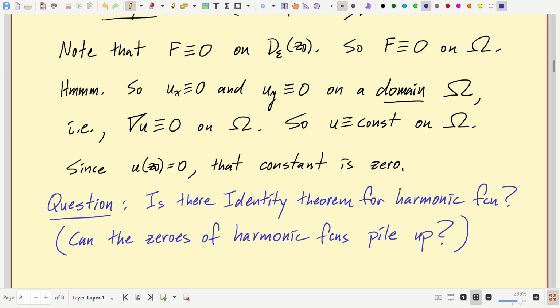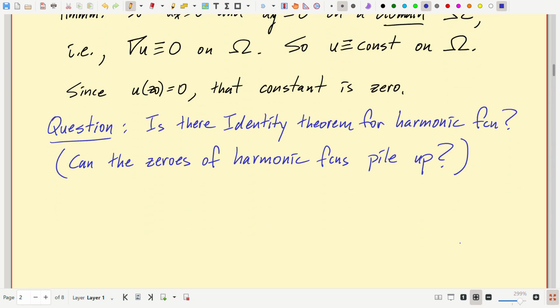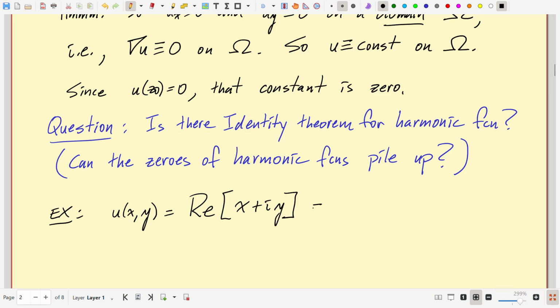Well, you could think about that and try to prove a theorem like that, and you'd get stuck because it wouldn't work. Because there's very simple examples that show, for example, we know that u of xy equal the real part of an analytic function, namely x plus iy, is harmonic.